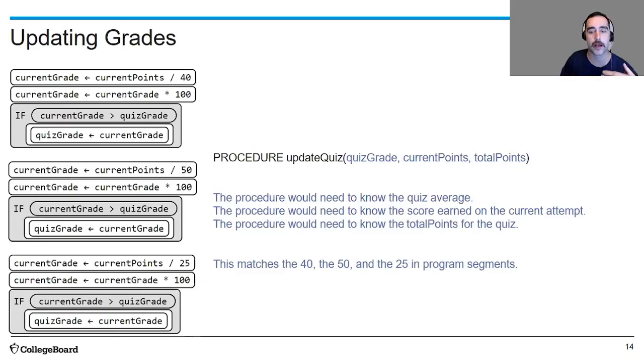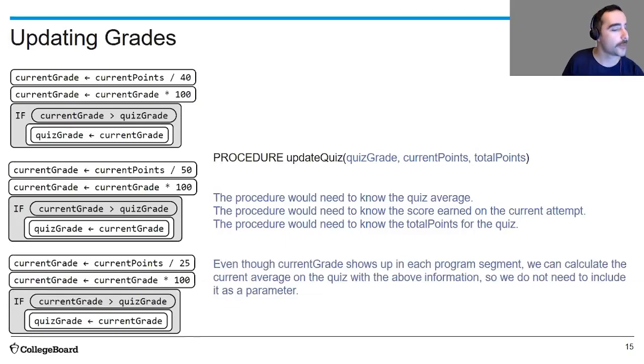So that would be total points. Even though you don't see it really listed as a variable on the left, it does change. You see 40, you see 50, you see 25. Those are all needed in order for me to get an average and then use that to replace the quiz grade if it's higher.